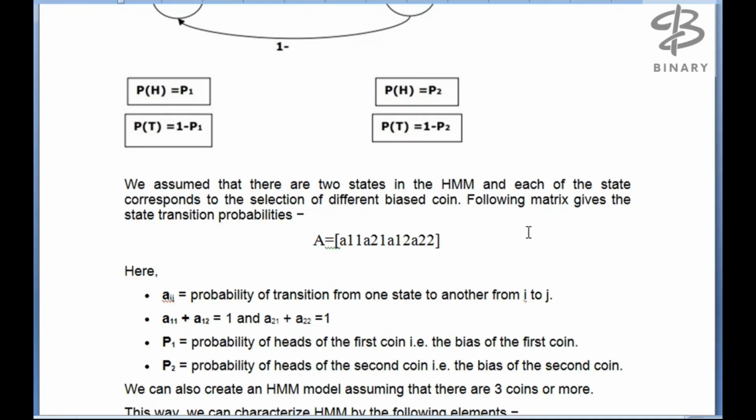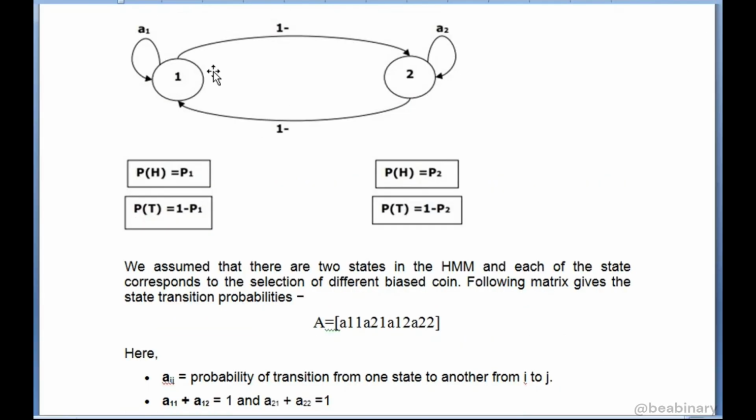So the following matrix gives the state transition probability. Okay, so what is this state probability? This A11, A21, A12, A22. Now, A11, A12, then A21, then A22.